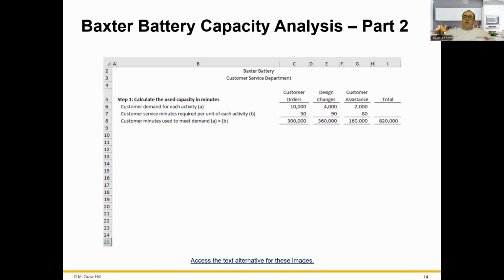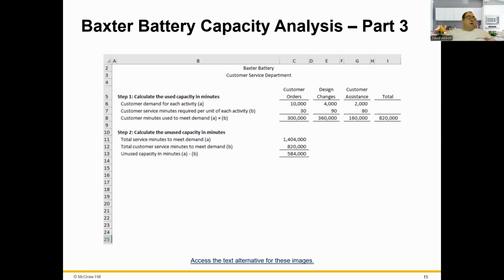Taking the total number of customer orders, multiplying by the number of minutes it takes to complete, gives us 300,000 minutes devoted to customer orders. We can do the same thing for design changes and for customer assistance.